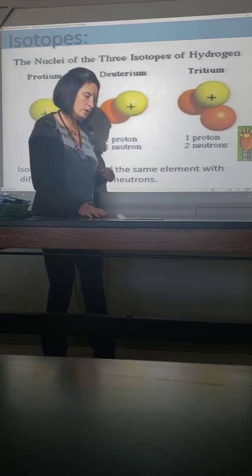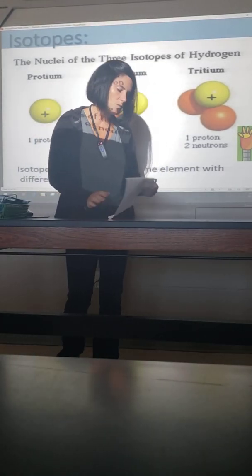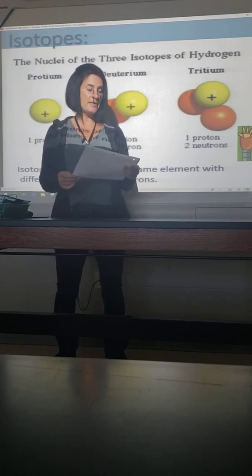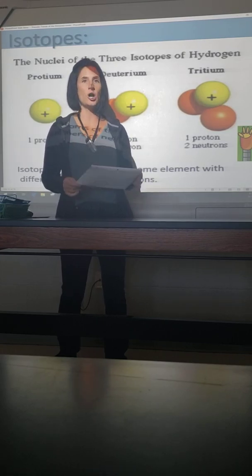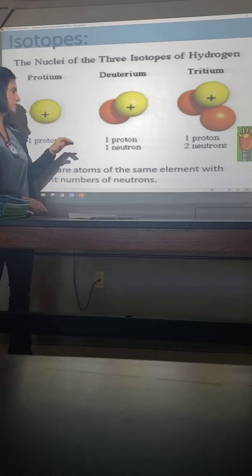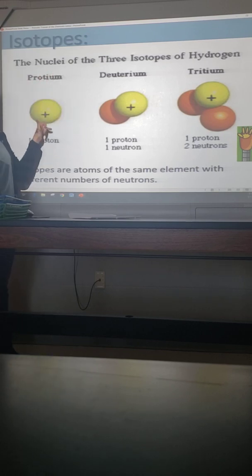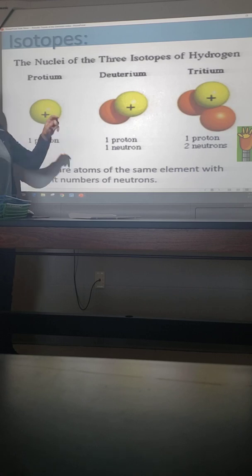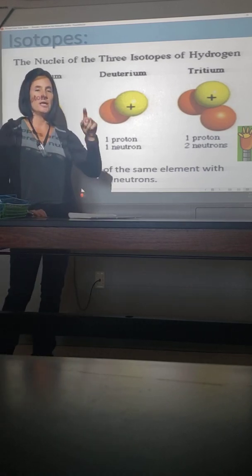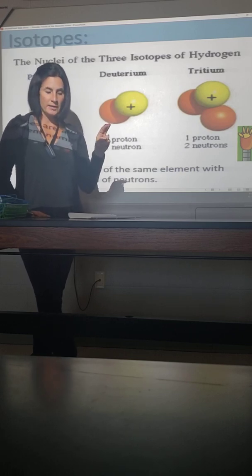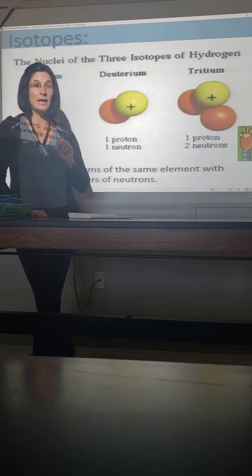Okay. If you look at your periodic table, hydrogen has one proton, of course, and then it also has one neutron. That's a mass number of one. So this is the normal version of hydrogen. And the reason I know that is because on my periodic table, it has an atomic number of one and a mass number of one. If you notice, that's the only one like that.